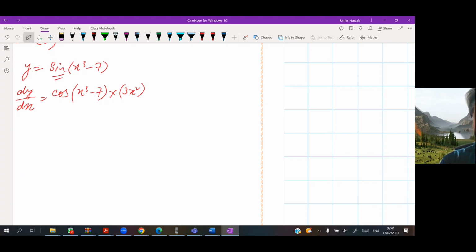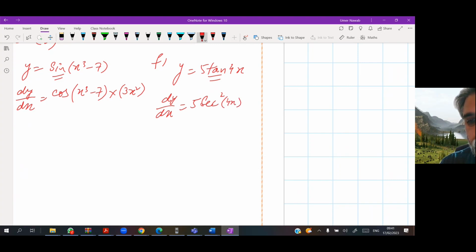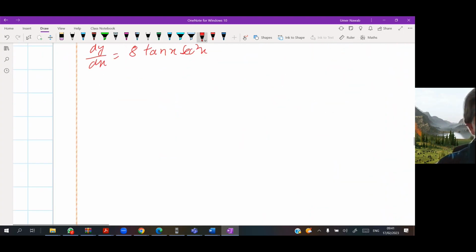E, and then f. y equals 5 tan of 4x. dy by dx, 5 as it is. Derivative of tan is secant squared. Keep the argument, and the further derivative of the argument is 4. So dy by dx in simplest form is 20 secant squared 4x. That is the f part.